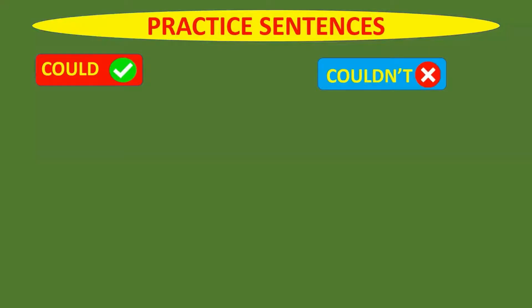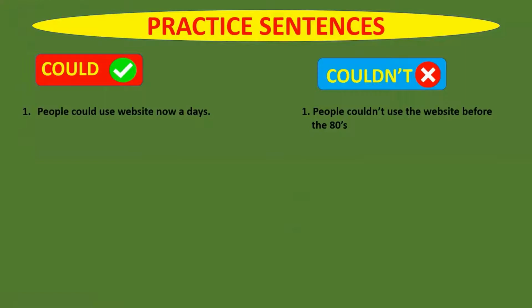Now, earlier I told you that we are going to be using could and couldn't. Could meaning we can do it. Couldn't, no, we cannot. Okay, we'll try to read the sentences on the positive and negative.